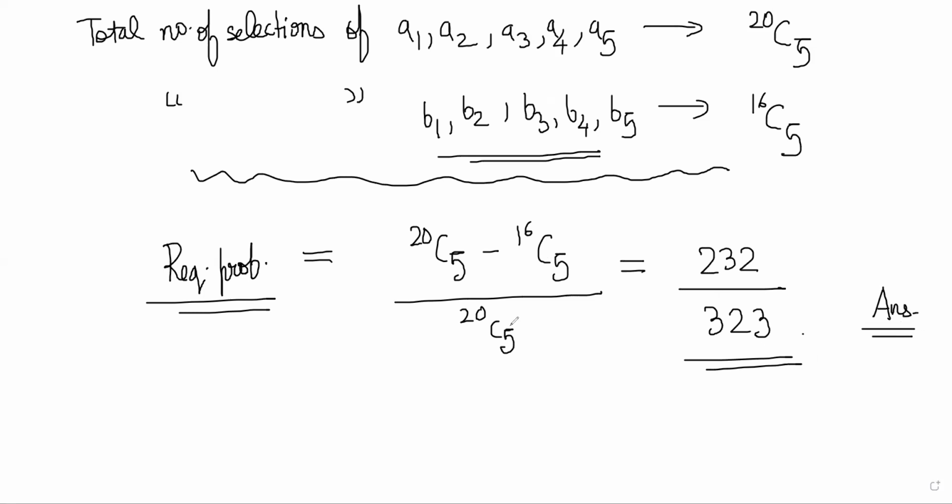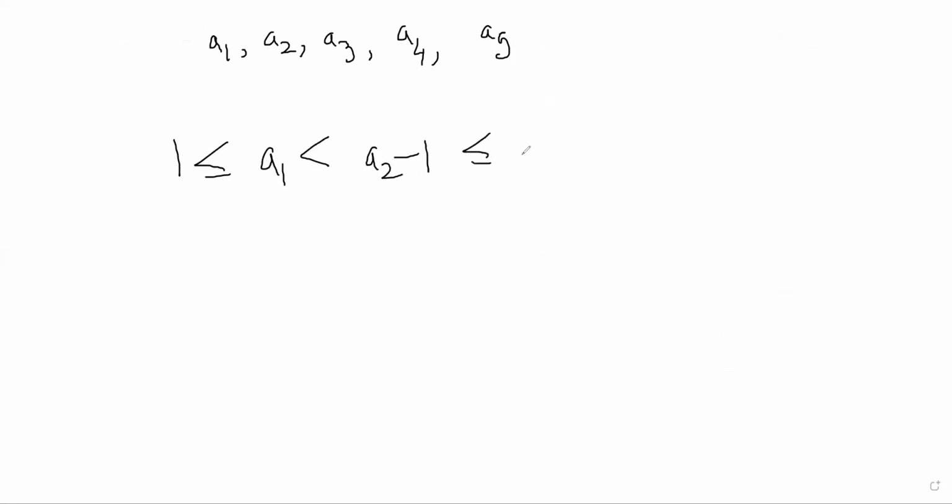So what have we done in this question? Let's recap briefly. We want to ensure that A1, A2, A3, A4, A5 are not adjacent. So therefore we said that 1 should be less than or equal to A1, less than A2 minus 1, less than, not equal to, A3 minus 2, less than A4 minus 3, less than A5 minus 4, and that is less than or equal to 16.